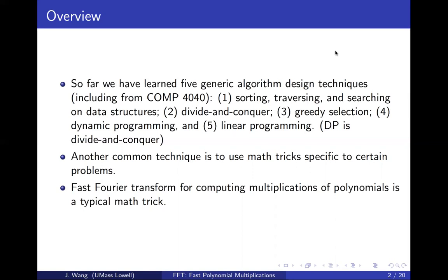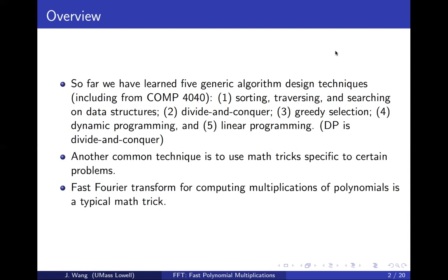Of course, you know that dynamic programming is actually divide and conquer. So you divide a problem into subproblems, finding recurrence relation, then use memoization to solve that recurrence relation, right? So these are the techniques we have learned.